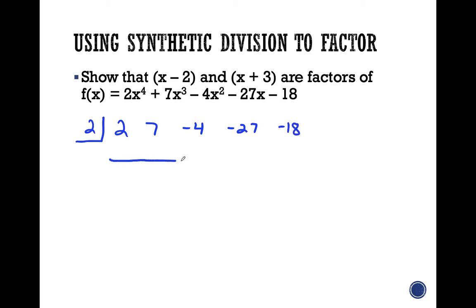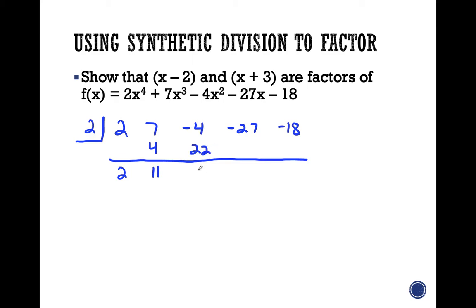Now again, I'm told that x minus 2 is a factor, all right? And so when I get done here, I better end up with a remainder of 0. So let's see if that plays out, right? So I drop my 2 down, multiply it by 2, add these together, right? Go ahead and multiply. So 2 times 2 is 4, I add and get 11. 11 times 2 is 22.